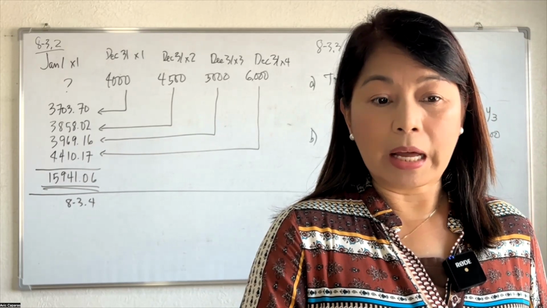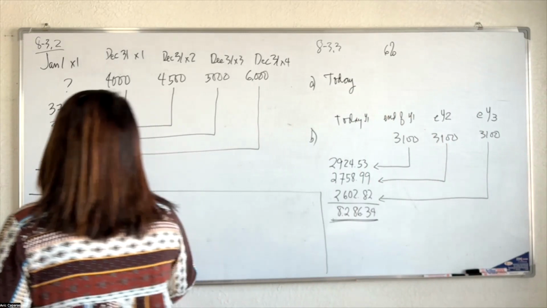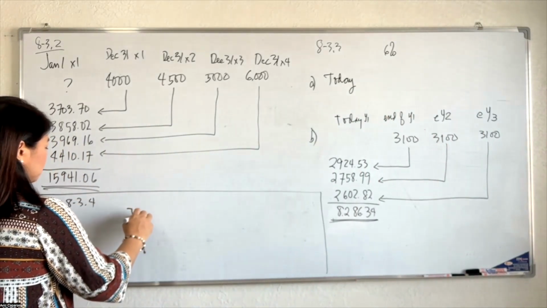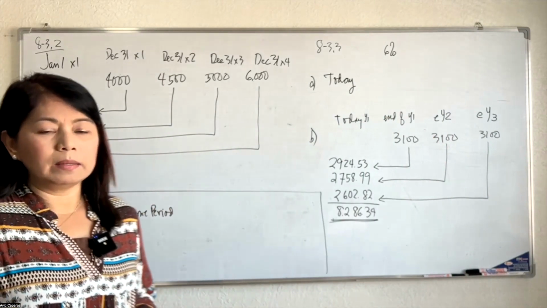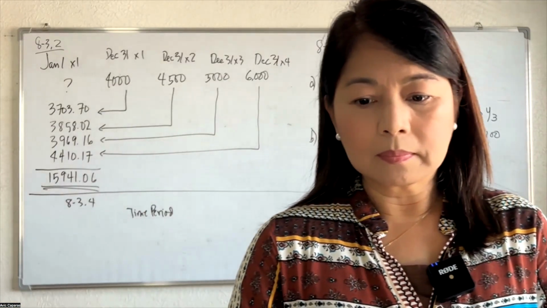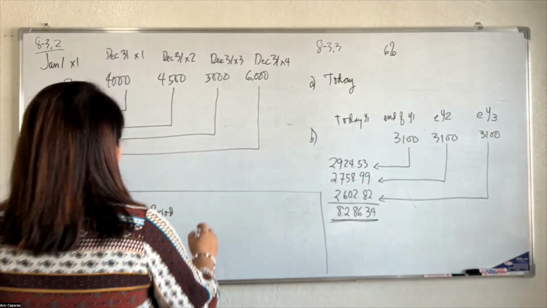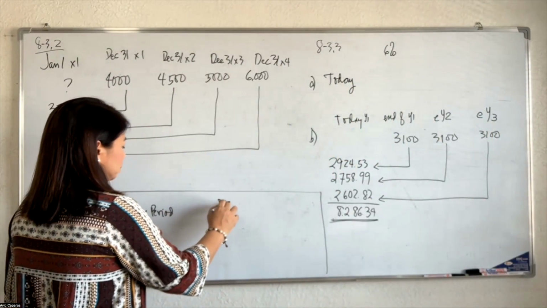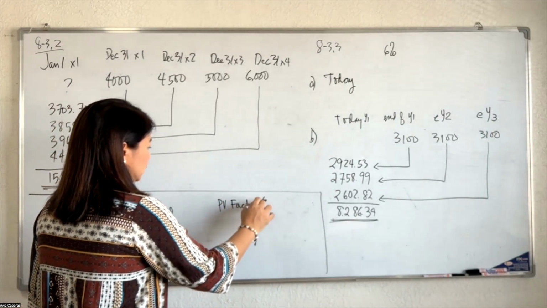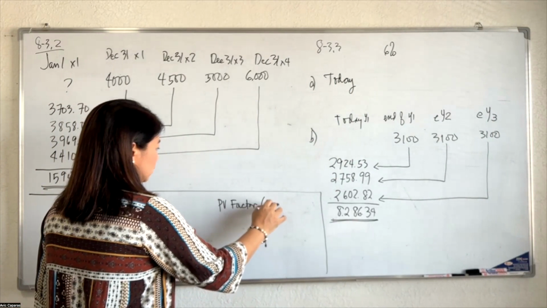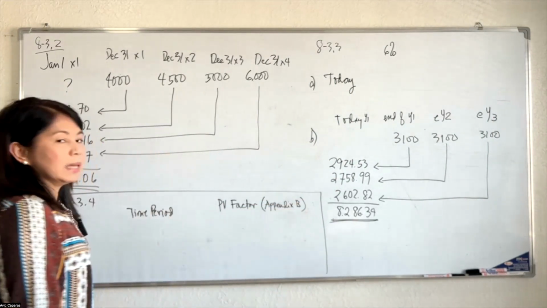But the way that I calculate it is, so this is the time period. And then this is the present value factor that we will get from Appendix B at the end of the book or the ebook that you have there. Okay.